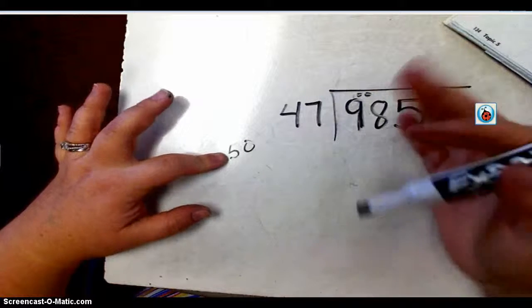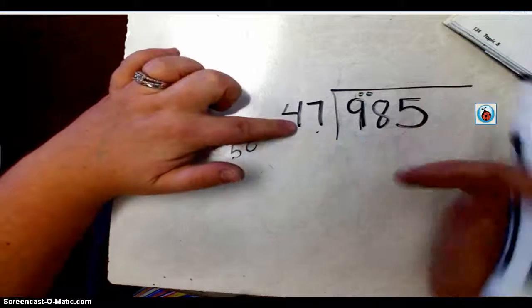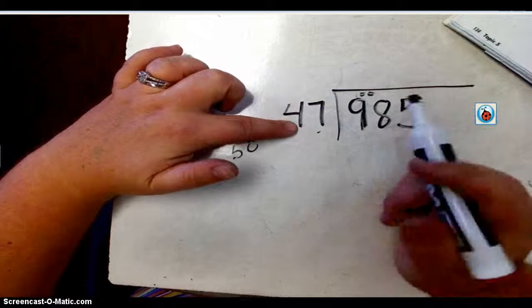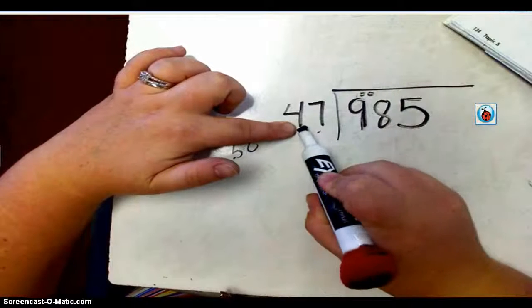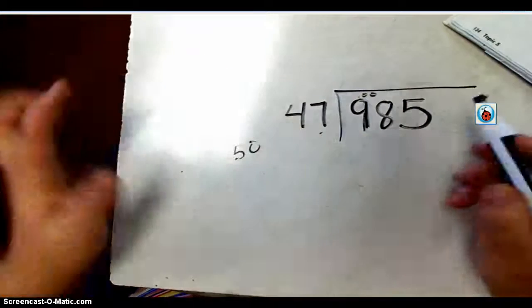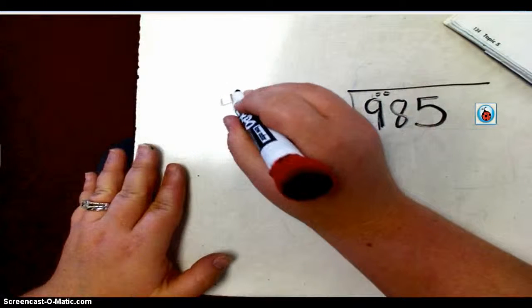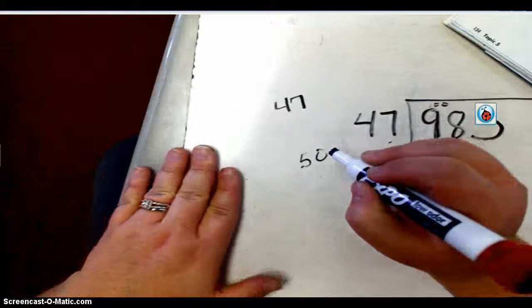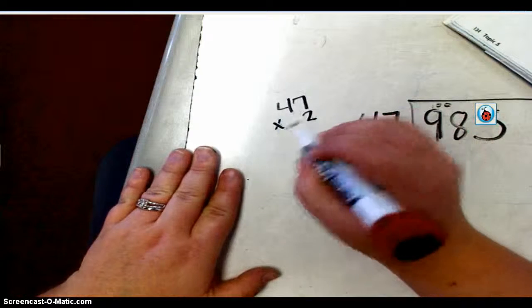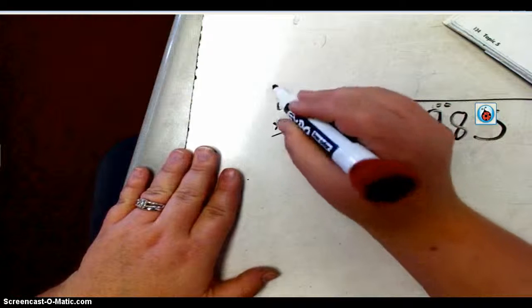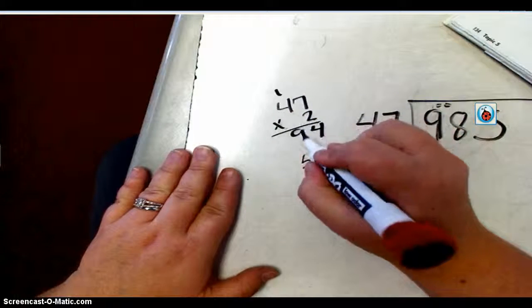So, I'm going to start with my original numbers. That 2, that twice, gives me a starting point to figure out how many times 47 is going to go into 98. So, out to the side, I'm going to use my original numbers, 47 times 2, 14, 18, 94.